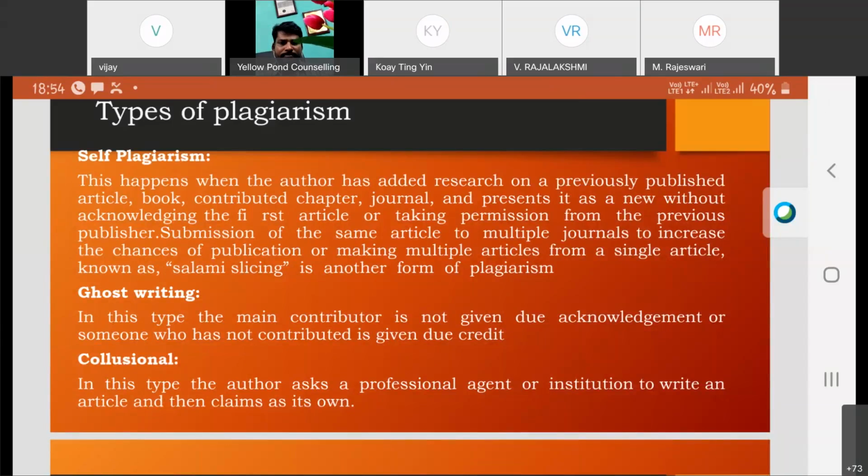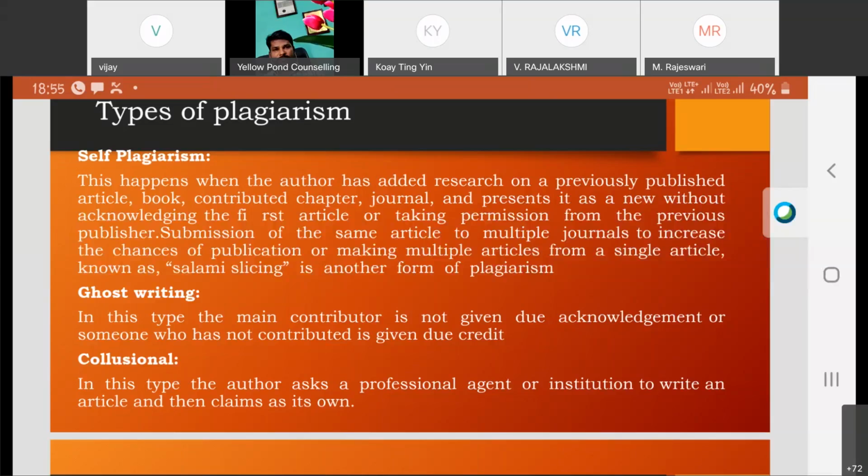The next thing is what we call ghostwriting. This is also one type of plagiarism. Here, the main contributor is not given due acknowledgement, or someone who has not contributed is given due credit. The researcher gives citations, reference details or acknowledgement to someone else instead of the original author.